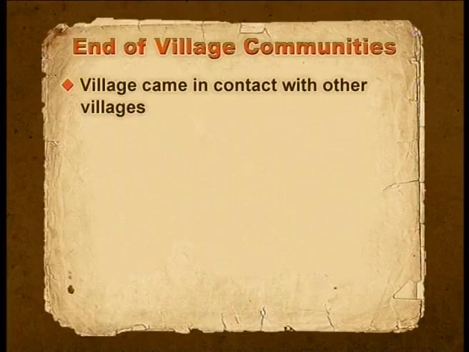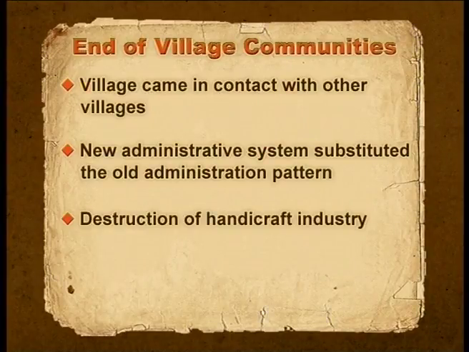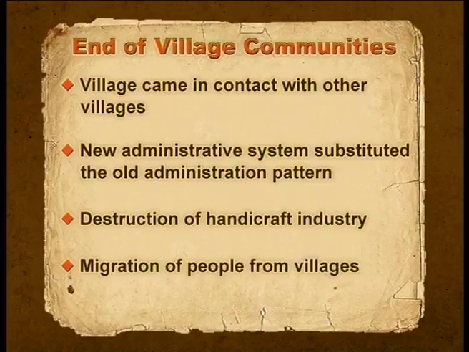Earlier villages were self-sufficient, but with the British rule we find that villages came in contact with other villages. A new administrative system was substituted for the old administrative pattern, handicraft industries were destroyed, and finally people started migrating from villages in search of employment, and there was a severe blow for the village communities.